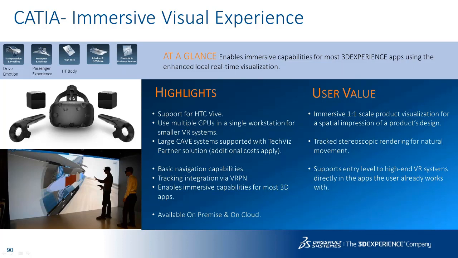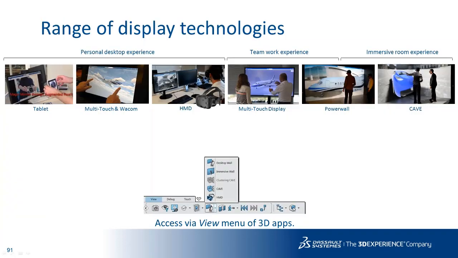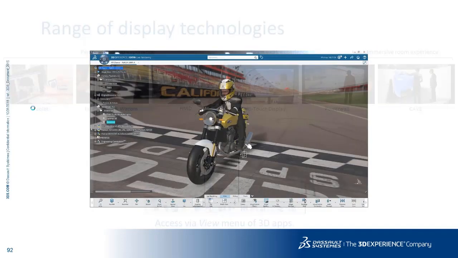You can use multiple GPUs, it can be served on a large cave system, and there are basic navigation capabilities and so on and so forth. We're going to go ahead and cover this in a few slides. This row is the entry point for all VR technology and on any 3D app that you may be using. So we're running low on time, so I got to get moving here.